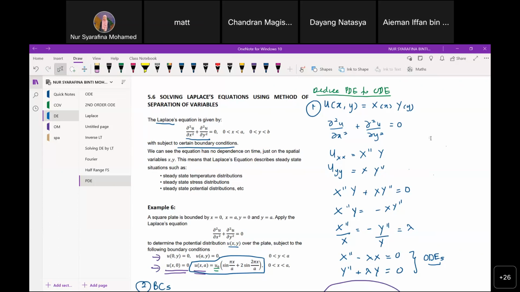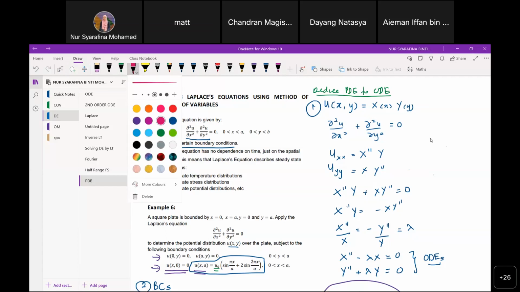The rest of the PDE types for this chapter, we are going to use MSV, the method of separation of variables. So as for now, this is the Laplace equation. How can you know that this is the Laplace equation?